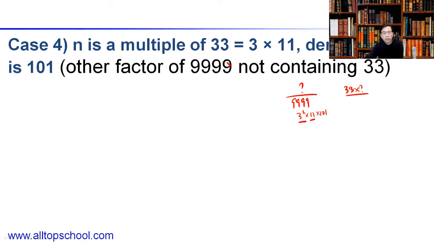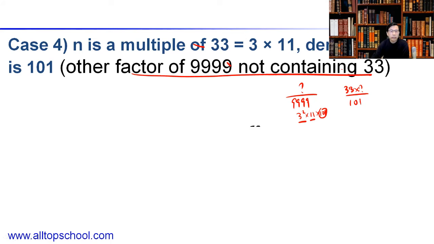The only possible value on the denominator will be 101. So that's why this will be 101 as the denominator. So that's why we say other factors of 9,999 not containing 33.